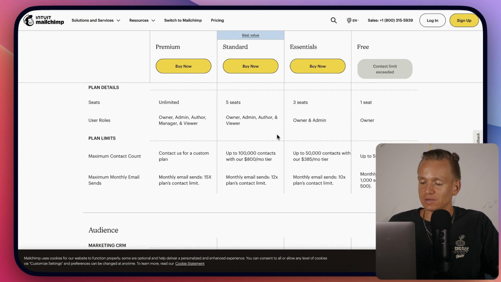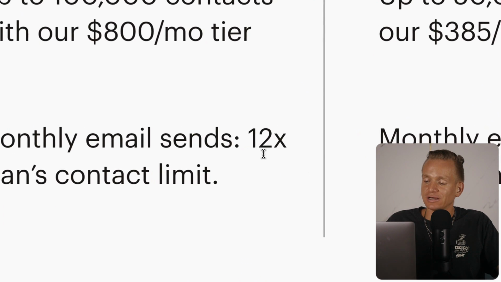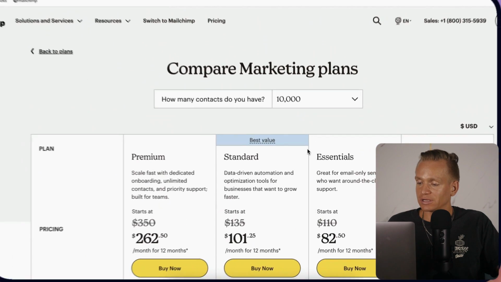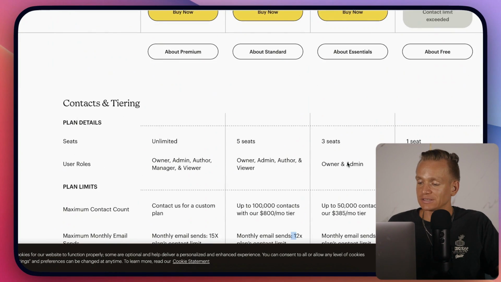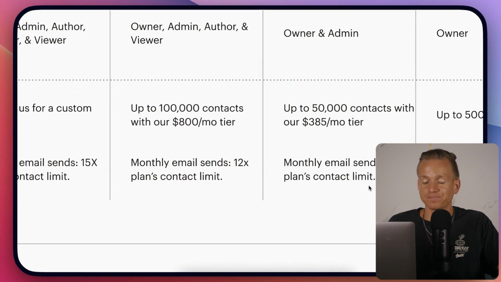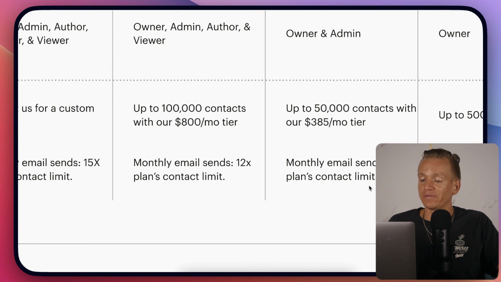One thing you just need to keep in mind is that on these plans, it depends on the plan, but basically on the Essentials plan, you can send 10 times the emails to your contact list. So let's say if you have 10,000 contacts, you can send out 100,000 emails, so 10 emails per month.